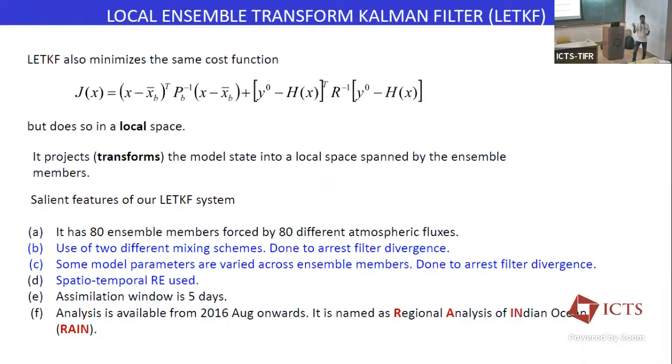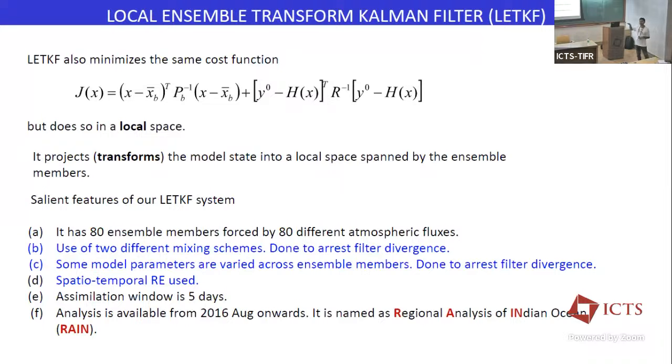It also minimizes the same cost function that I'm sure you guys have been studying here, but it does so in a local space, and whatever happens, happens over the ensemble space.